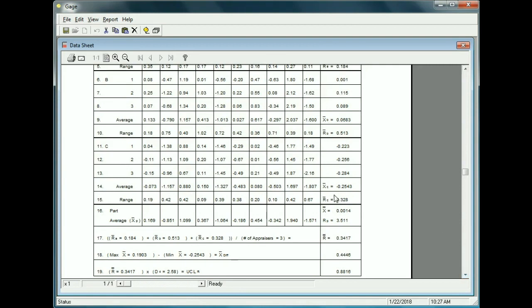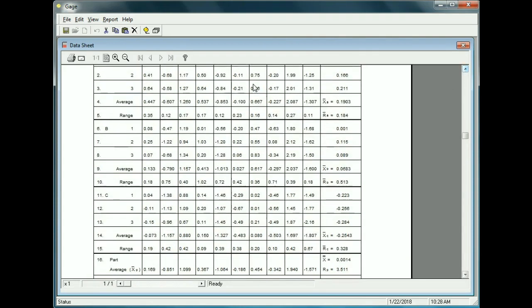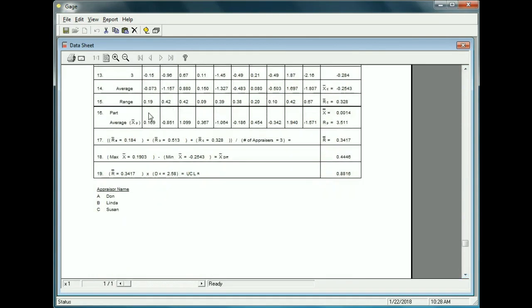And so ultimately we end up with an average of averages, which would basically be the average for appraiser A plus the average of appraiser B plus the average of appraiser C, and we add them up, divide by 3, and that gives us the average of the averages for the very first part for the 3 operators.